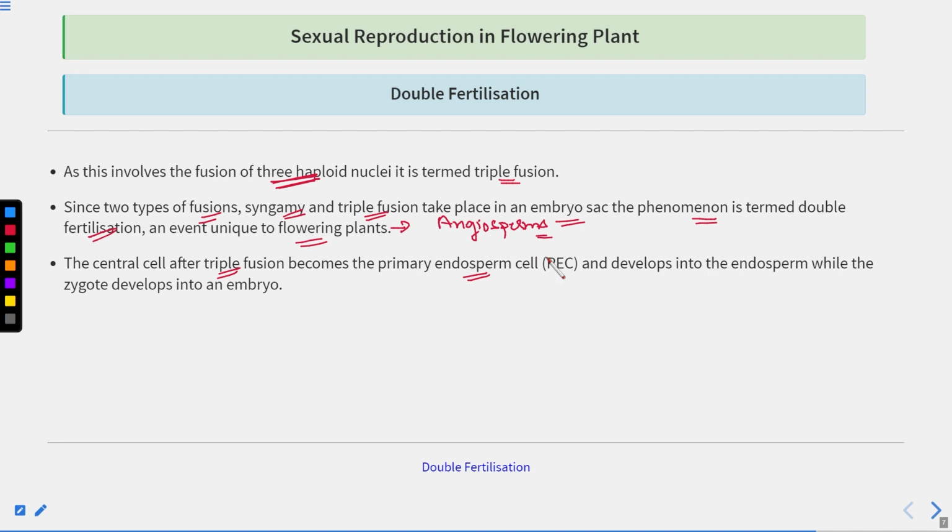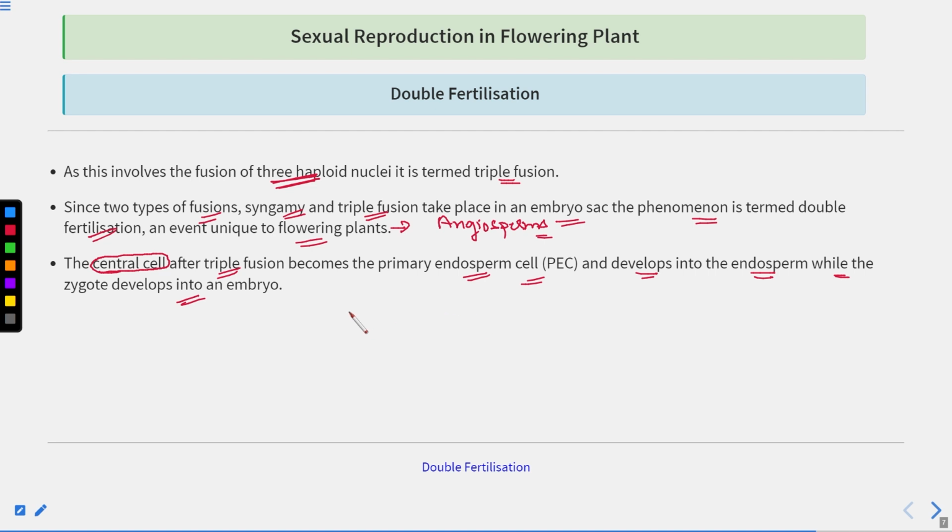Now, the central cell after the triple fusion becomes the primary endosperm cell. So the primary endosperm cell is formed from the central cell. Central cell consisted of what? The central cell consisted of the two polar nuclei. Clear? So the primary endosperm cell is formed from the central cell and it develops into the endosperm, while the zygote develops into the embryo.